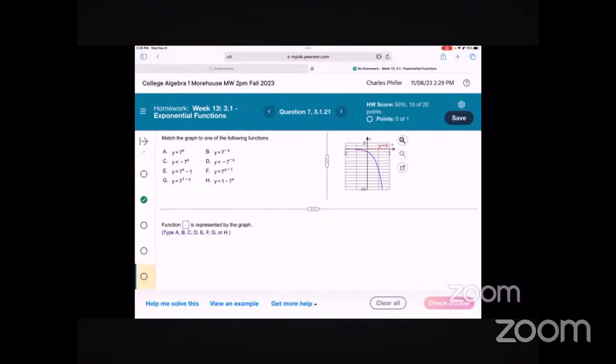So if we flip it vertically, vertical manipulations are outside manipulations. So more than likely, we multiplied the outside by a negative, right? So it should be a negative 7 to the power of x. Looks like it's C. I think I'm just going to go with C. Yeah, let's go with C.